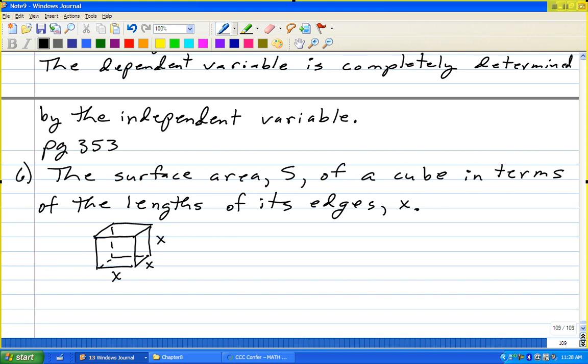Well, the area of a rectangle is length times width.